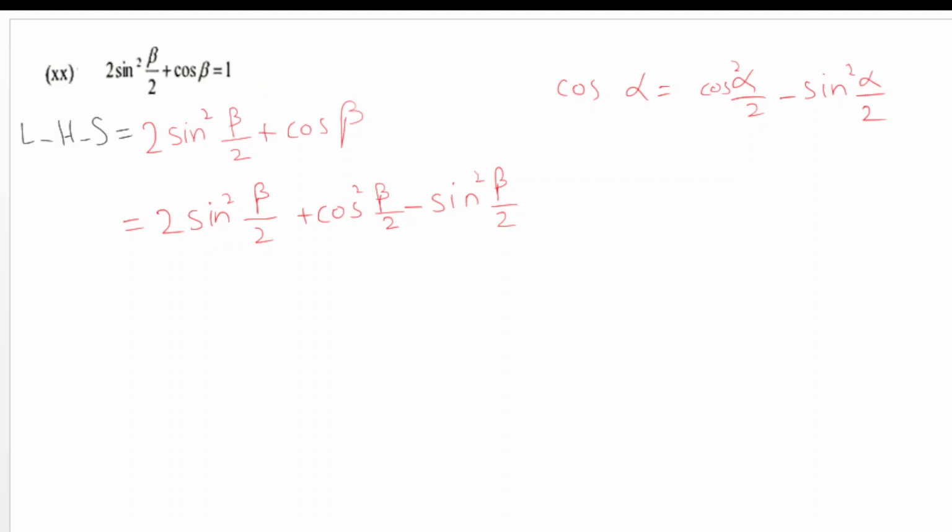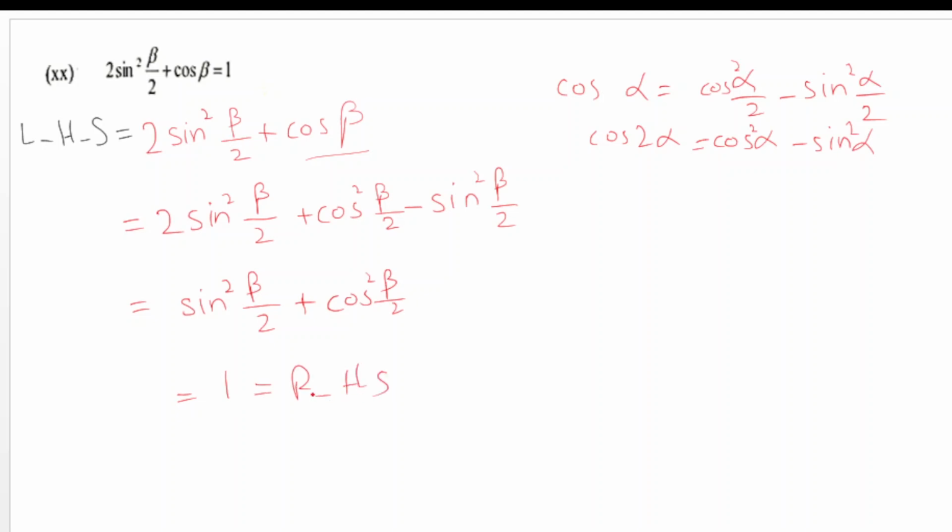If I write double angle, then it is cos square alpha minus sine square alpha, and this is cos beta, so cos square beta by 2 minus sine square beta by 2. So 2 sine square minus sine square will be equal to sine square only, because 2 minus 1 is 1. So sine square beta by 2 plus cos square beta by 2 equal to 1. That will be equal to right hand side.